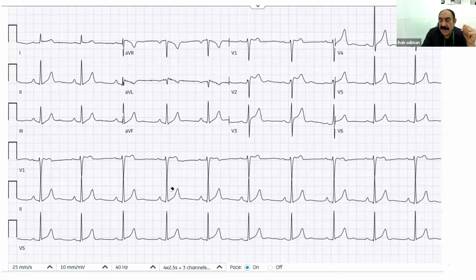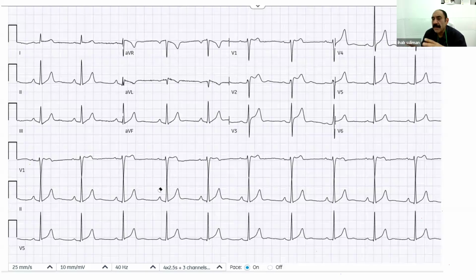Although it appears normal, the coronaries usually are normal, but whenever you have ST elevation, remember acute MI, or acute STEMI, should be the number one differential diagnosis of such an ECG. So you need to take the patient to the cath lab, and after finding normal coronaries, you can say this could possibly be Brugada syndrome.